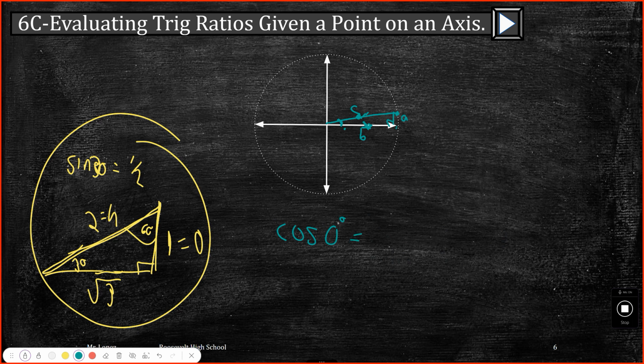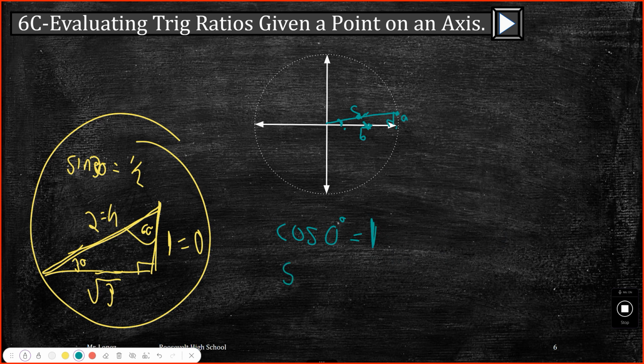Oh, it looks to be 1. Oh no, the calculator says it. I know it. I don't need a calculator. So cosine of 0 is 1.